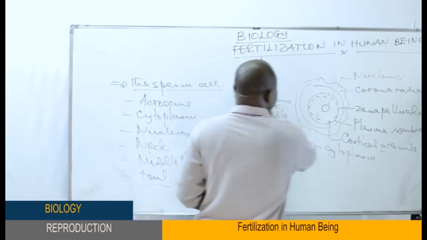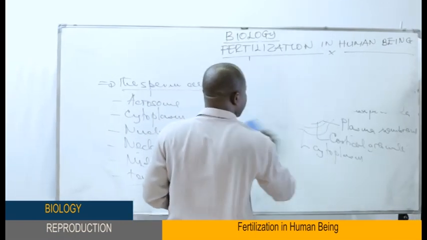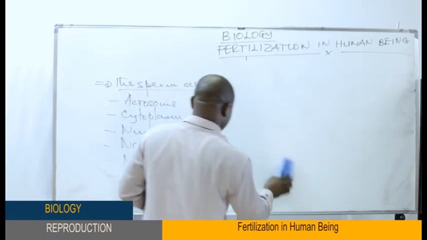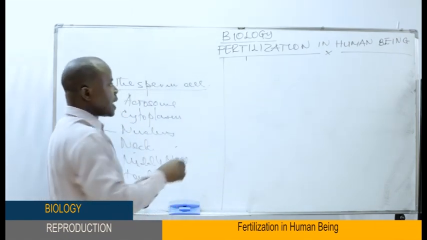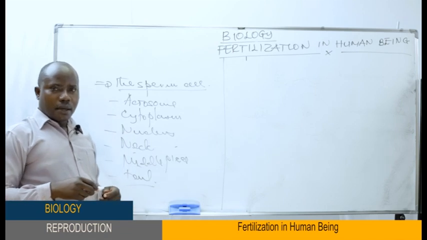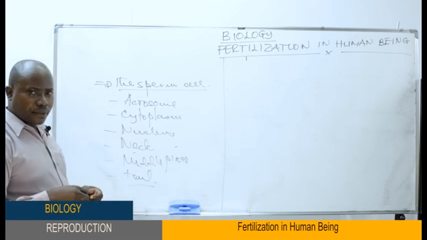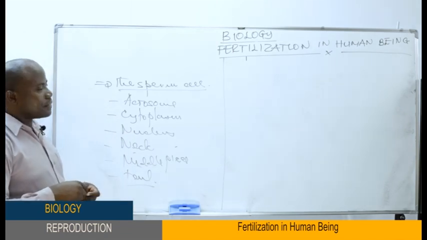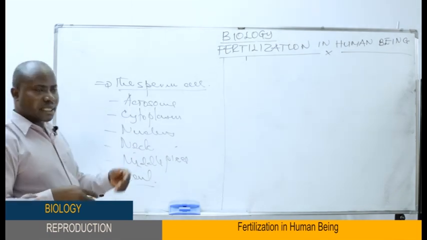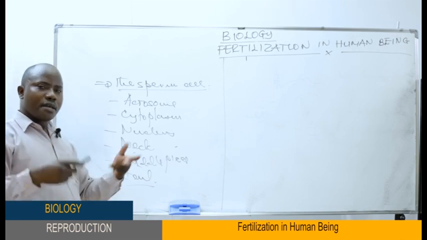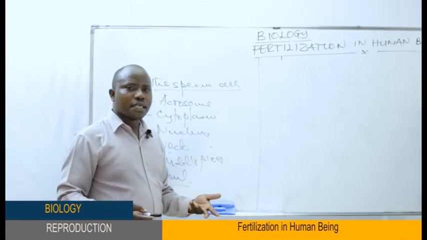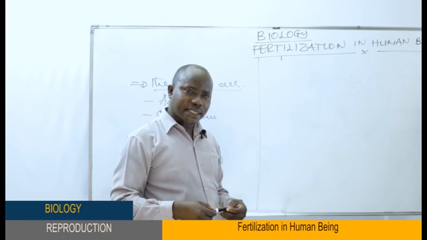Dear students, by having seen the parts that consist of reproductive cells, you can ask yourself what question can be asked from this area. You can be asked to describe the structure of male reproductive cell. You can be asked to describe the structure of the female reproductive cells.